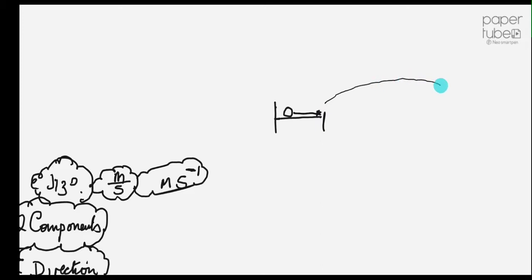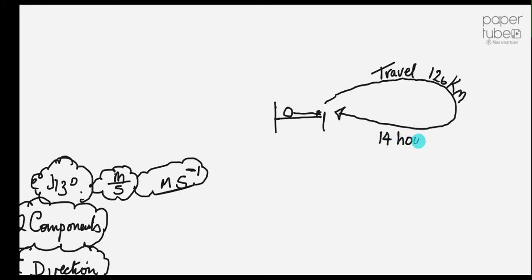So, for example, in a day, you travel a distance of, we'll say, 126 kilometres, and you're up for 14 hours. Let's have a look at this. Say we look at the speed of this person.